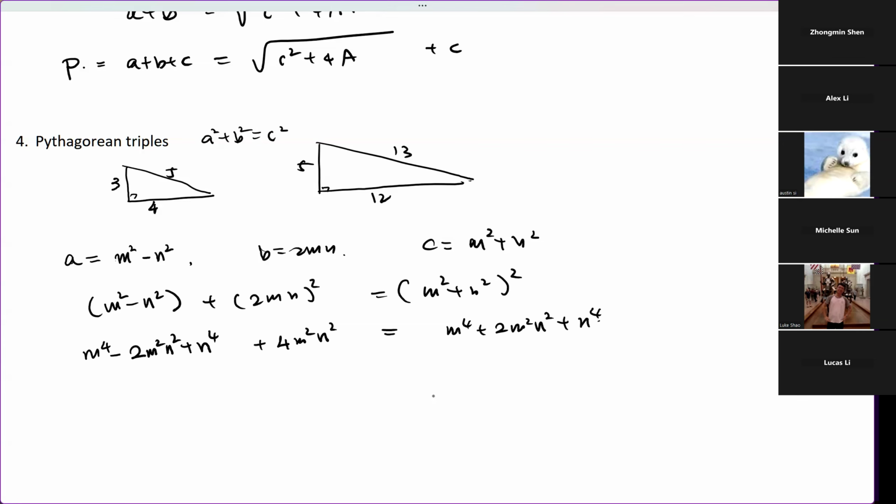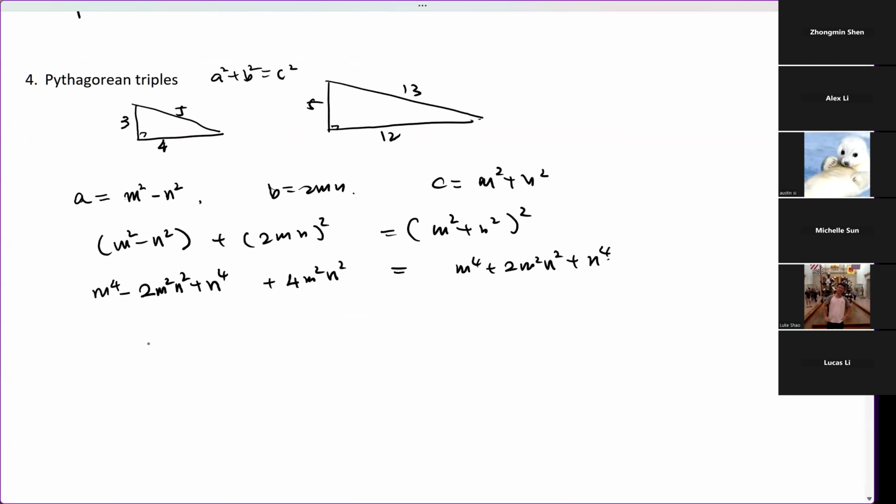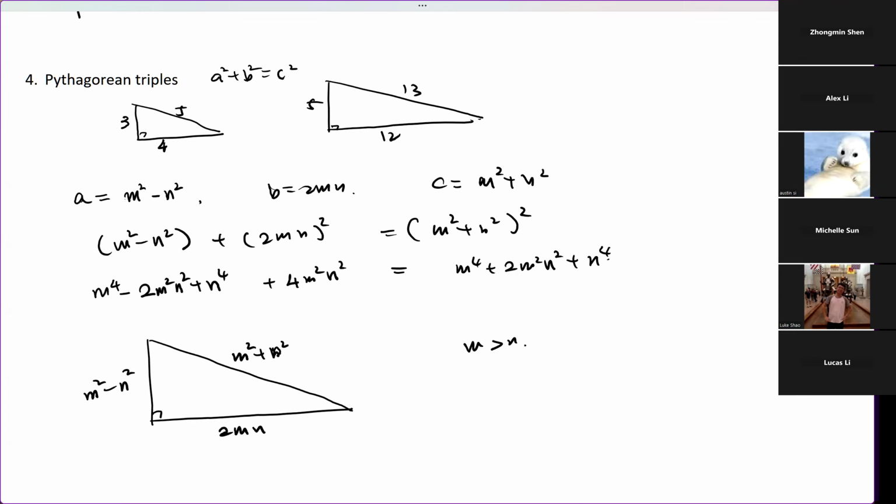Okay, so that means, let me draw the picture here. That means this is always a right triangle. If this side is m squared minus n squared, and here's 2mn, and here's m squared plus n squared. So you have two variables, n and m. They are arbitrary positive integers. Here m is greater than n, otherwise it would be negative, right?